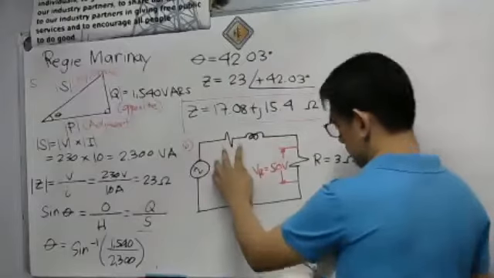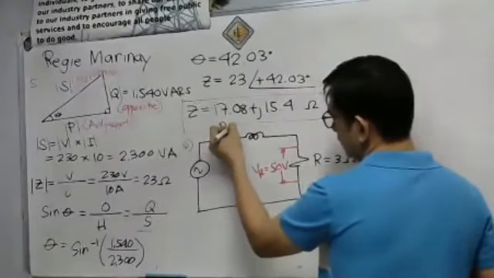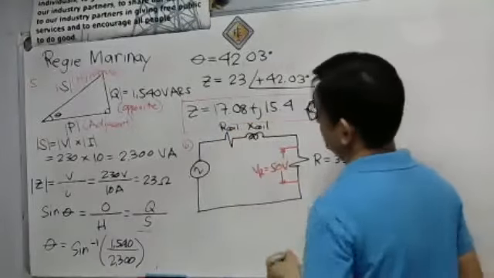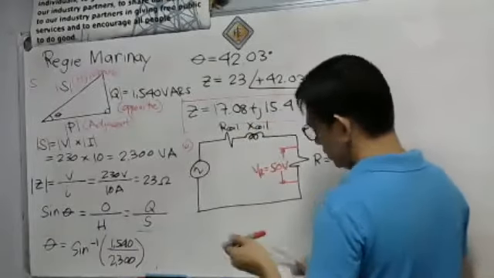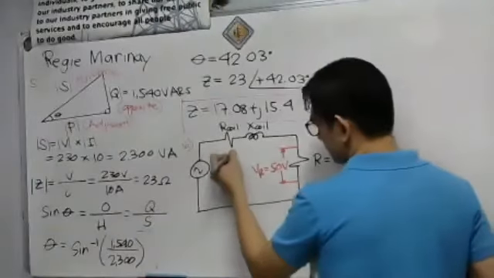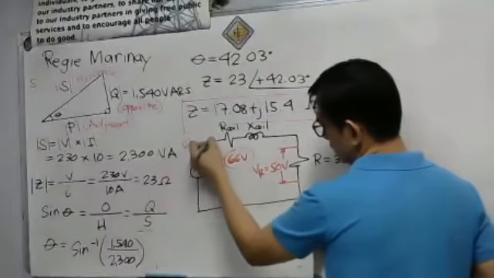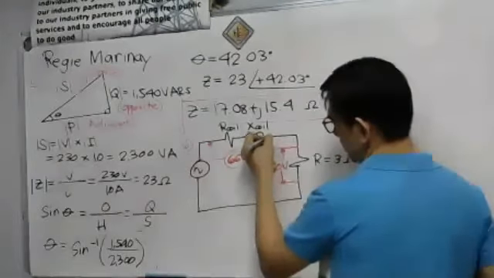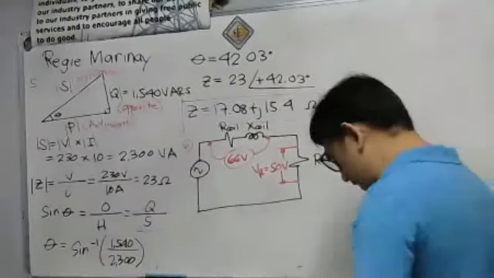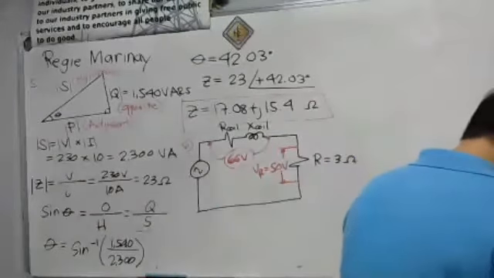So this is the coil. Shall we say this is the R of the coil and this is X of the coil. Let's say we have a voltmeter here, 66 volts measured on the coil. So we're asked to find the power factor of the coil.